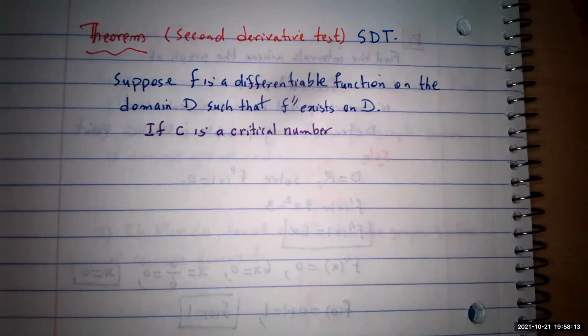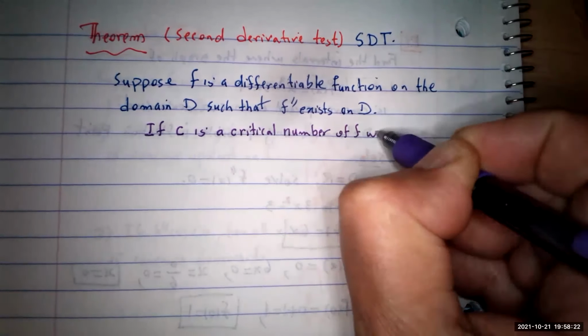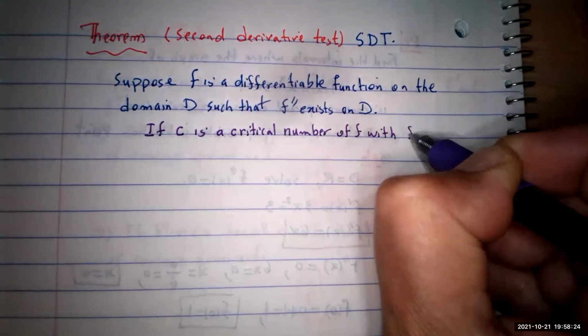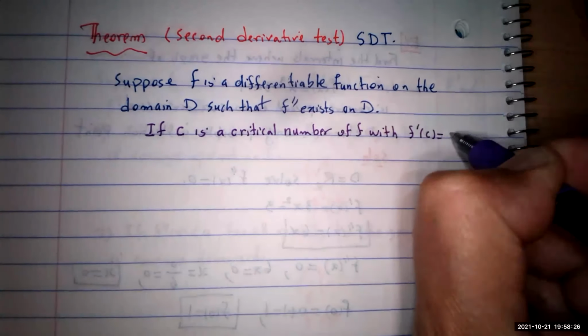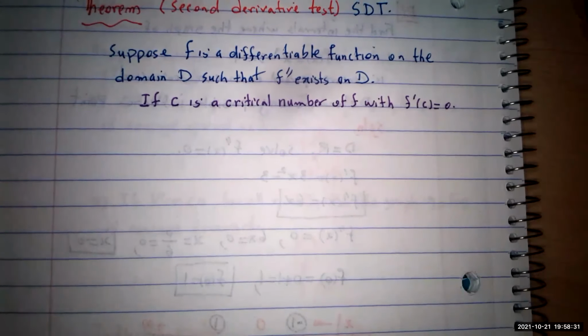That's the situation you have. If C is a critical number of F, where F prime of C equals 0, meaning you let F prime of X equal 0 and you get this C, then you have two possibilities.